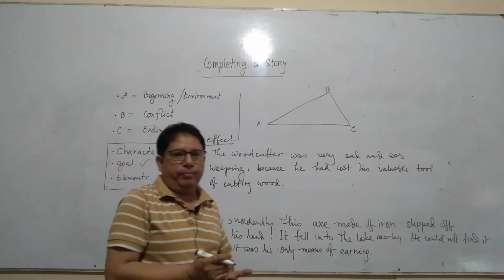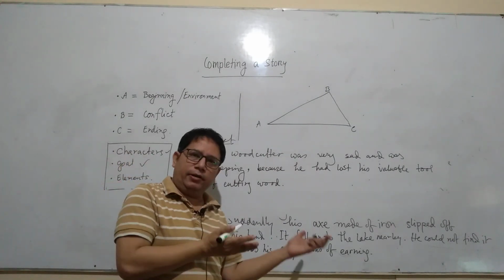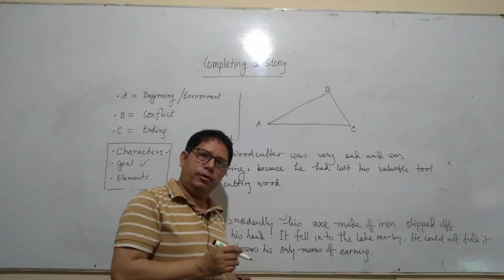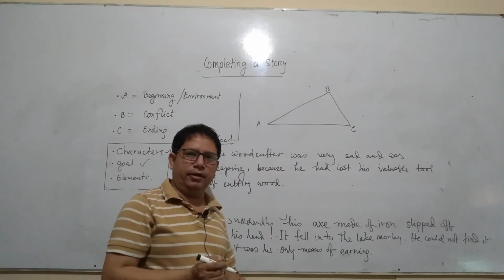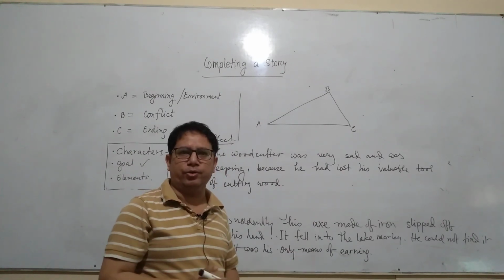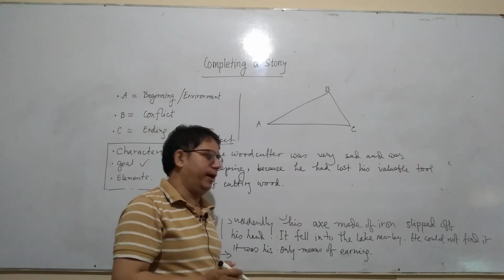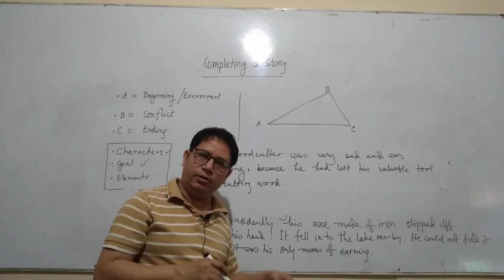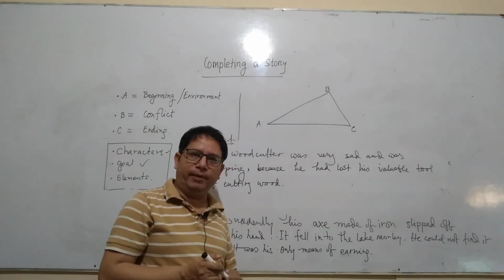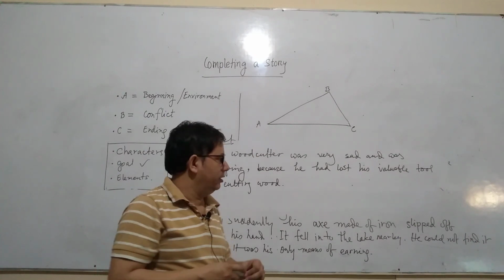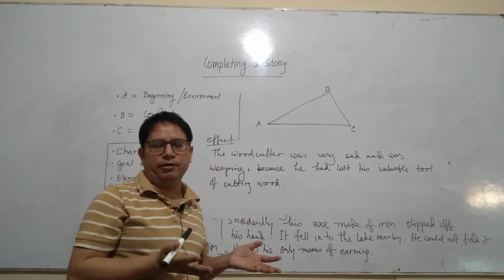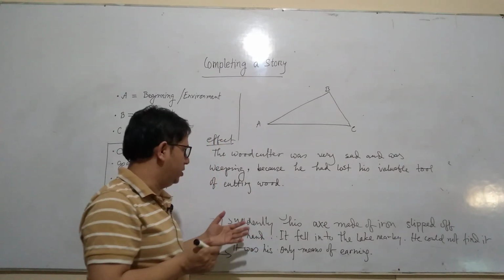So what to do? Because if he had lost his axe, definitely he would not have anything to earn money, and his family will starve. They will have a lot of problems. So he was weeping. He was in a very sad mood.